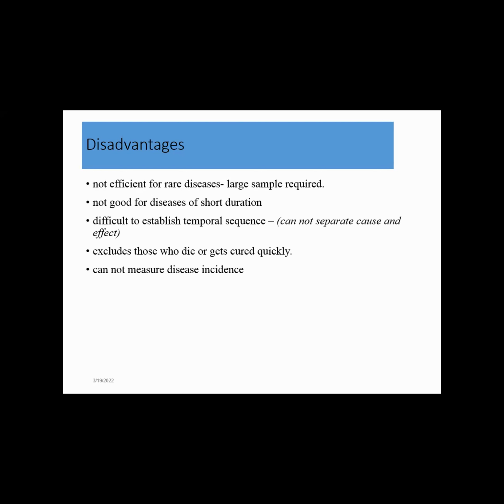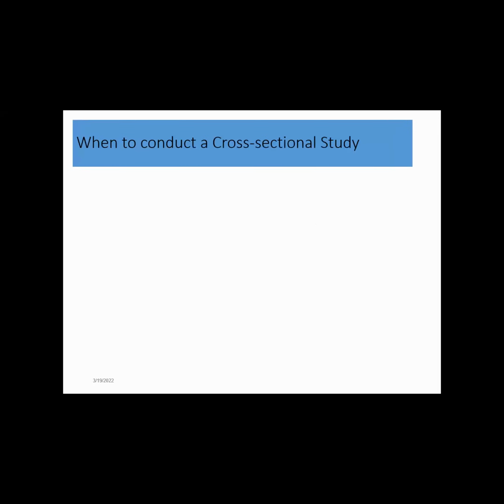Then it is difficult to establish temporal sequence. It cannot separate causes and effects. It excludes those who die or get cured quickly, since data is collected once in the population. Then it cannot measure disease incidence.